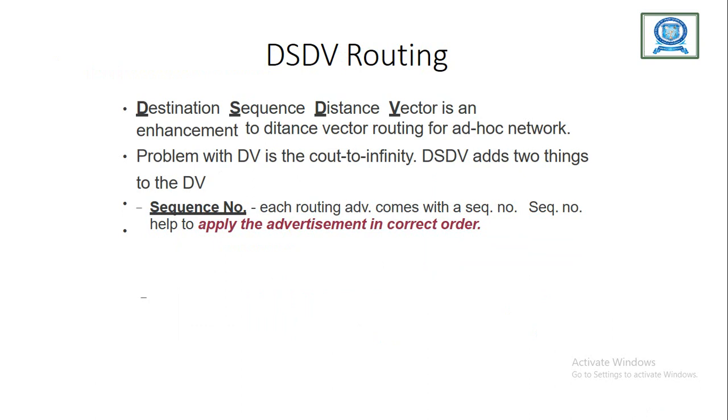The problem with the distance vector routing protocol is that we need to count to infinity, and this disadvantage is overcome by destination sequence distance vector and the sequence number. In DSDV we use the sequence number. Each routing advertisement comes with a sequence number. This sequence number helps to apply the advertisements in the correct order.